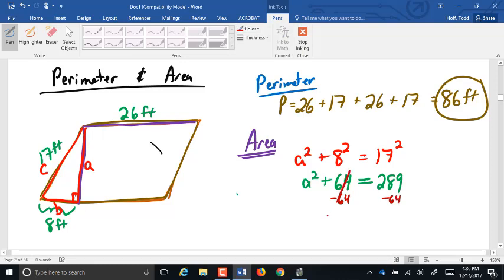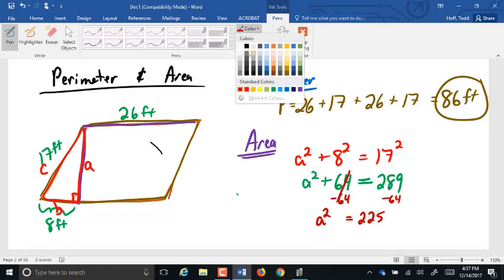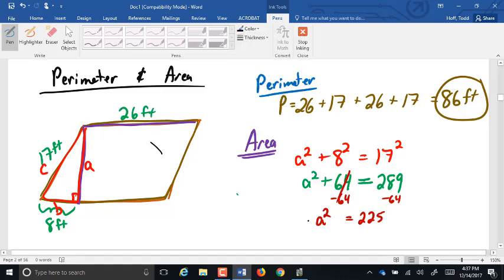We solve for A by starting out by subtracting 64 from each side. Gives us A squared is 225. And then we square root. Gives us A is 15. So up here, A is 15 feet.